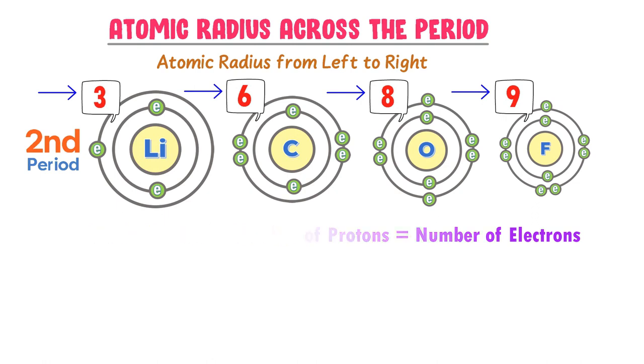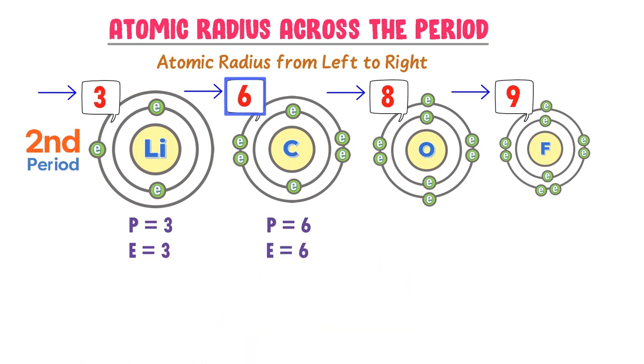So, in the lithium atom, there are 3 protons and 3 electrons. In carbon atom, there are 6 protons and 6 electrons. In oxygen atom, there are 8 protons and 8 electrons. In the fluorine atom, there are 9 protons and 9 electrons.